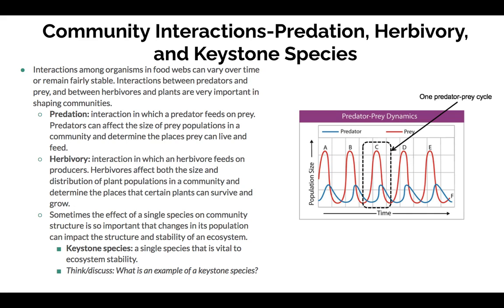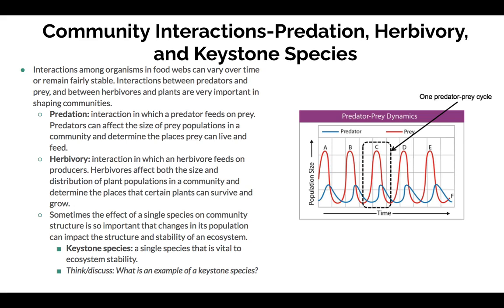Predation is the interaction when a predator feeds on prey. Predators can affect the size of prey populations in a community, and they can determine the places prey can live and feed. Herbivory is the interaction in which an herbivore feeds on a producer. Herbivores affect both the size and distribution of plant populations in a community, and they determine the places that certain plants can survive and grow.